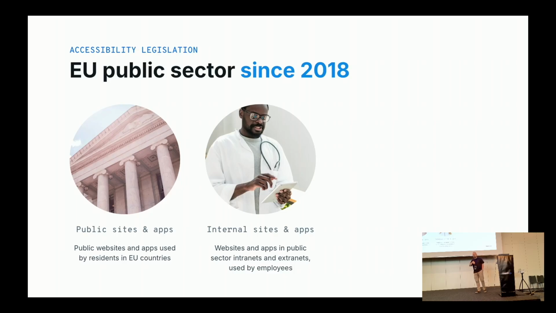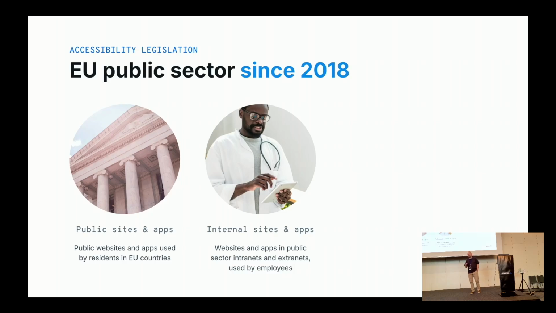So this means that, of course, if you are building an application specifically for the use of a public sector institution, it falls within the scope of those accessibility regulations.